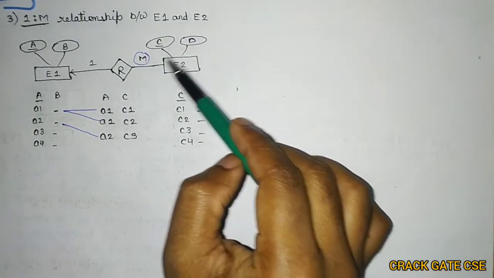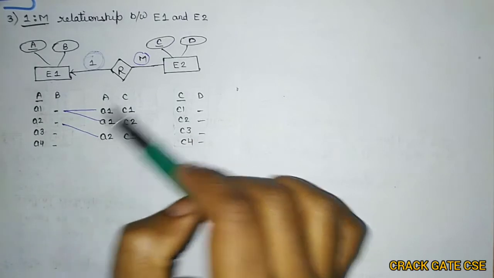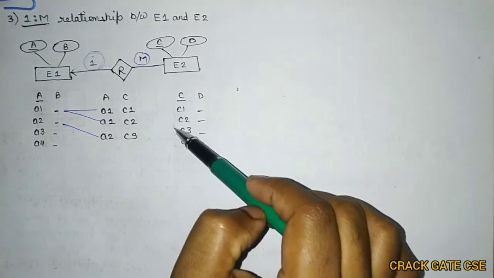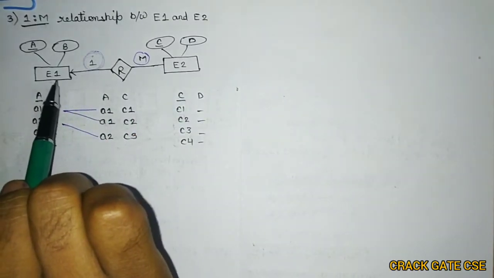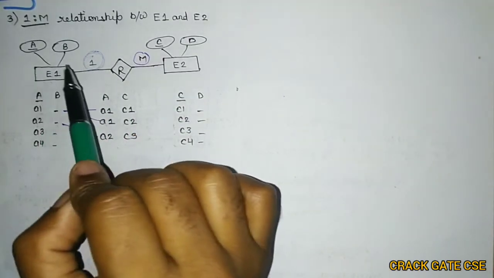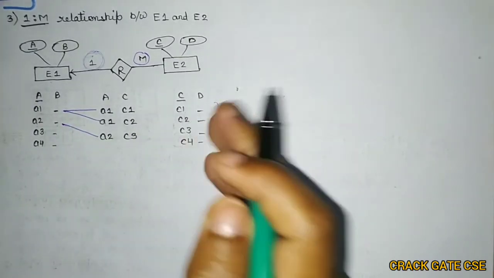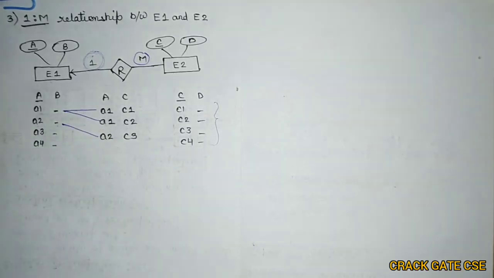Now if we check from the E2 side, this is 1. This 1 tells us that every record of E2 can relate with only one value of E1. Again there is a partial participation, so it is not necessary that all the values have to be mapped, but whatever value we are mapping has to be mapped with only one record of E1.